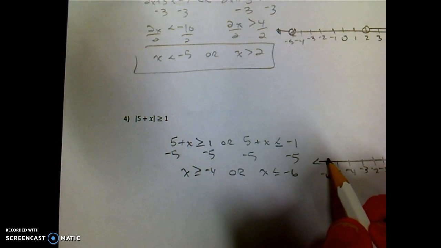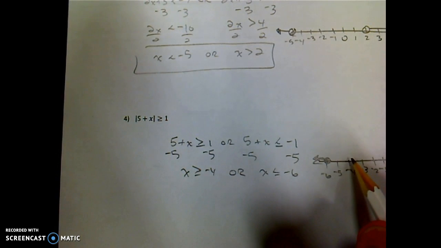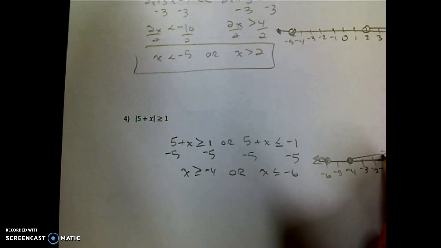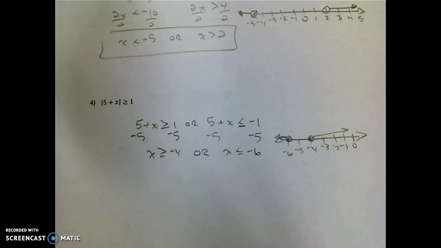So x is less than or equal to negative 6, solid dot and an arrow, or greater than or equal to negative 4. So these are some examples of how we would solve absolute value inequalities, not only solving, but graphing as well.